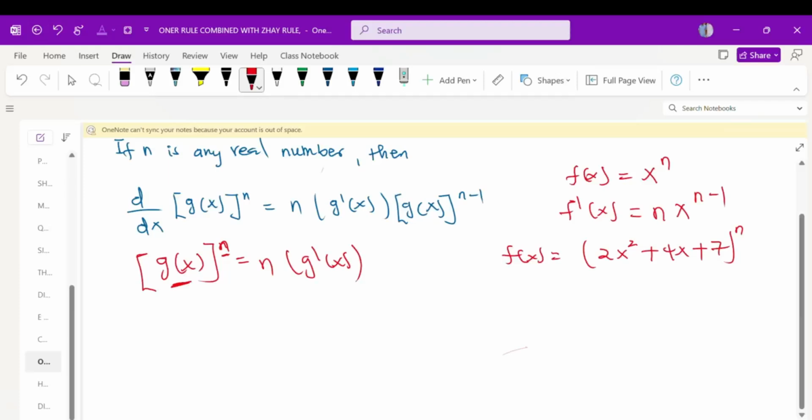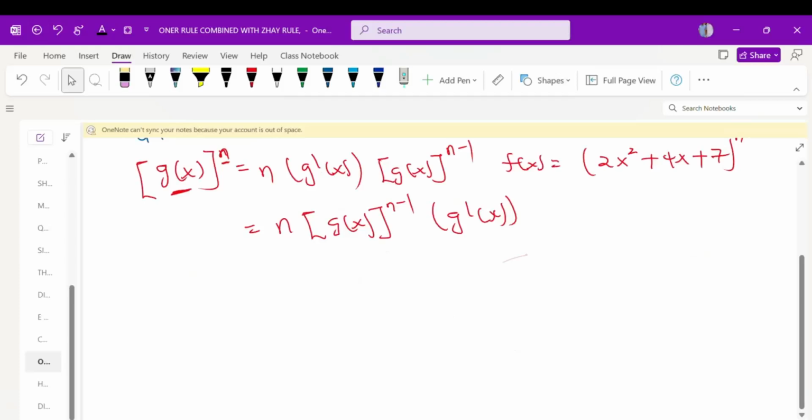Then we maintain the function, then we subtract 1 from the exponent. Okay, so here you can see that you have a power rule, which is n multiplying g of x exponent n minus 1. Then when you multiply this by g prime of x, we are going to get a chain rule. Let's prove it and see.